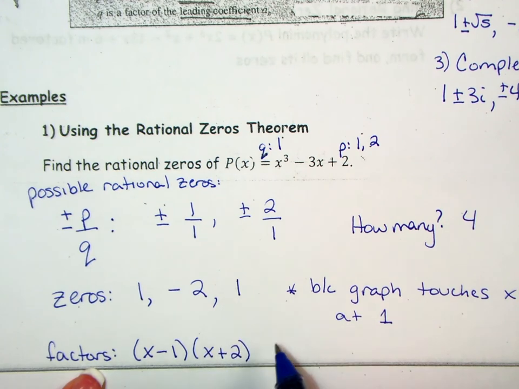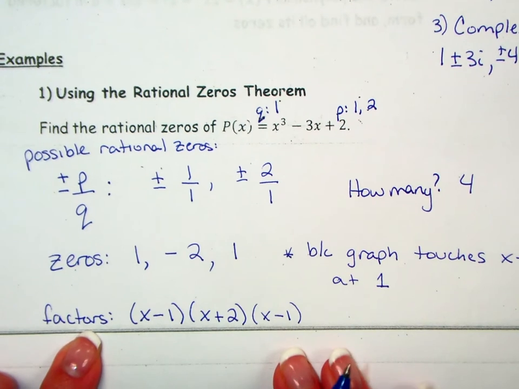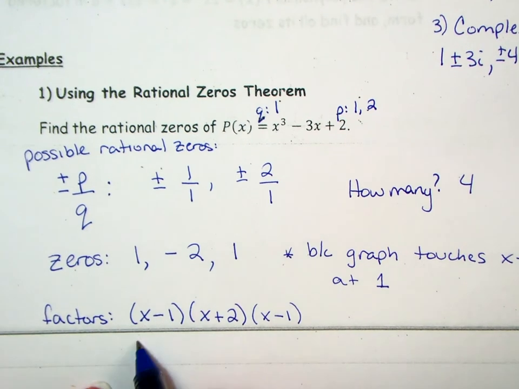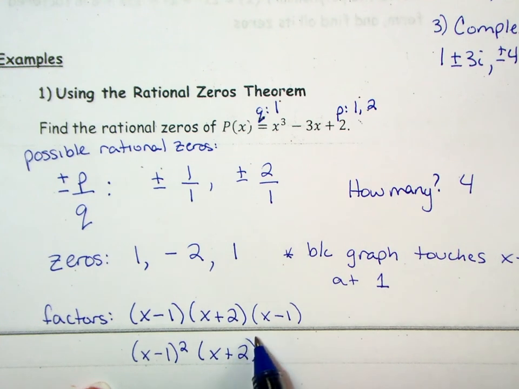And again, if 1 is a zero, x minus 1 is a factor. So you can go ahead and write this as (x minus 1) squared times (x plus 2), where you can see that the multiplicity of this factor is 1, and the multiplicity of this factor is 2. So the graph is going to touch at 1, and it's going to cross at -2.